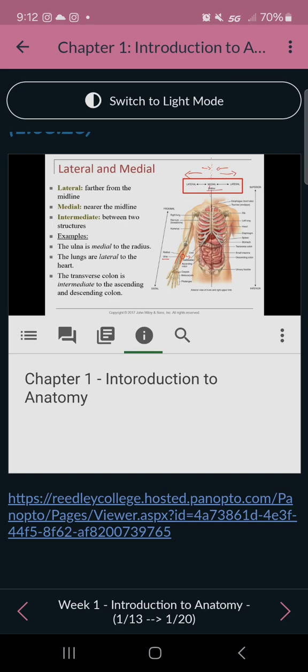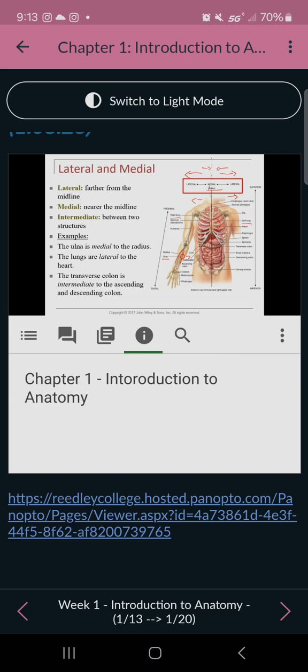As for the lungs, here we have the right lung, and on this side we have the left lung. The lungs are going to be lateral to the heart because the heart is found almost in the middle, a little bit to the left side. However, the lungs on both sides are lateral to the heart.